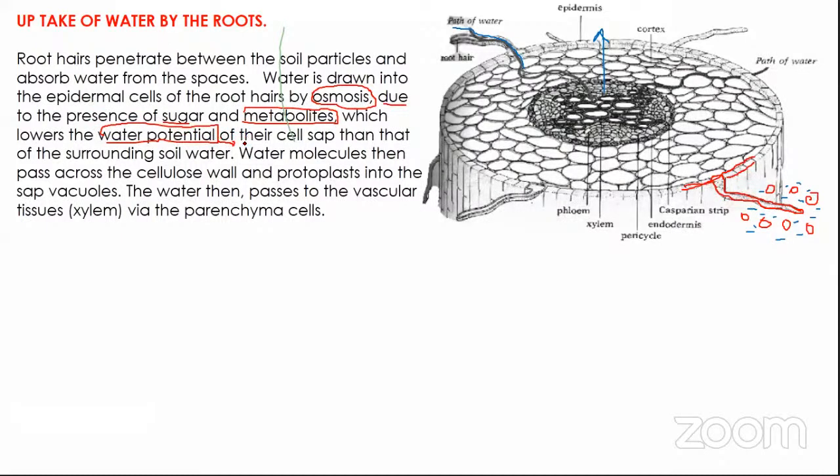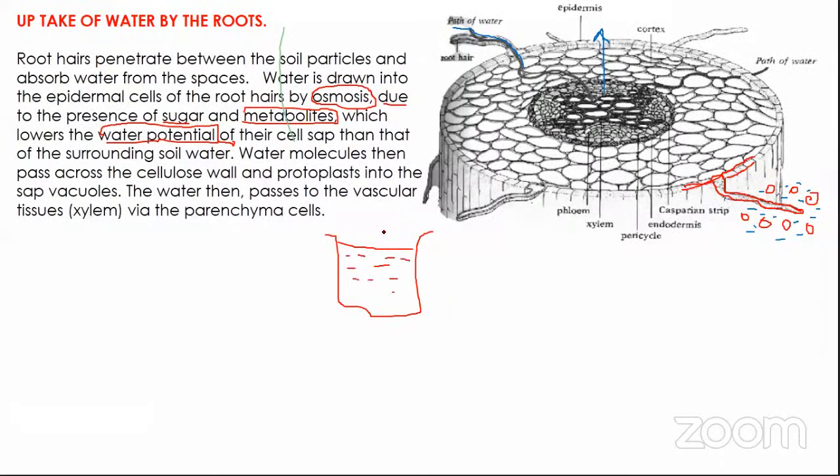By convention, pure water has a water potential of 0. If this was pure water, its ability to move out of the system, we say it has a 0 water potential. That is the highest water potential.